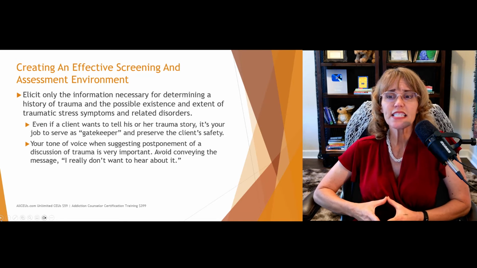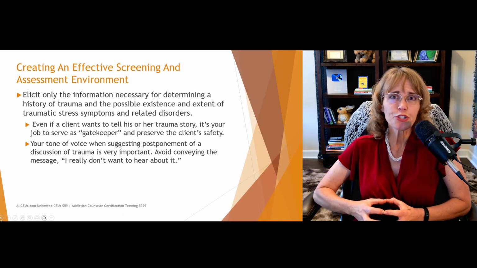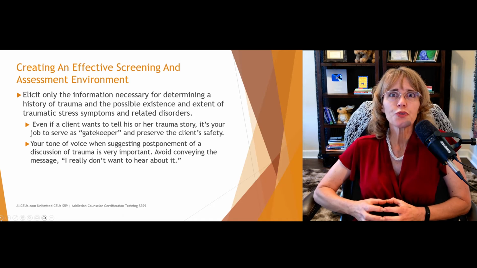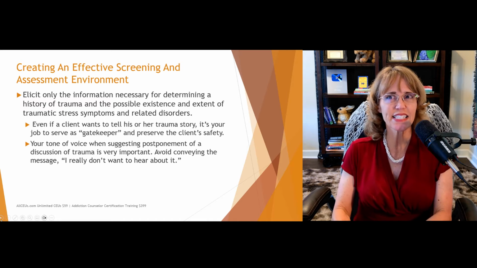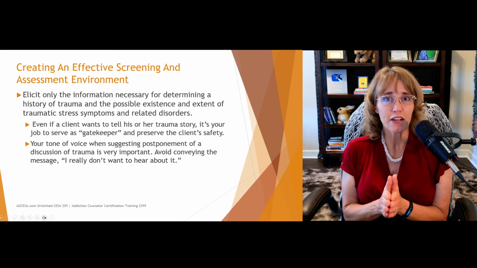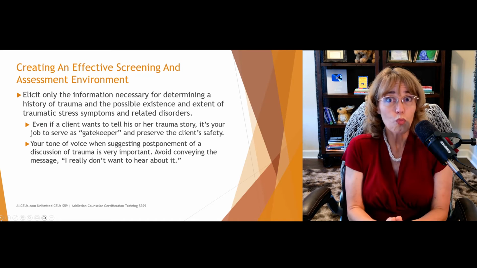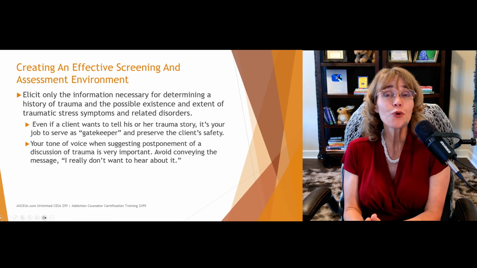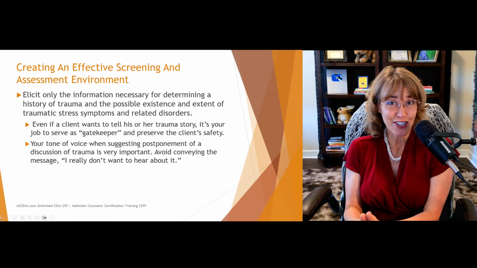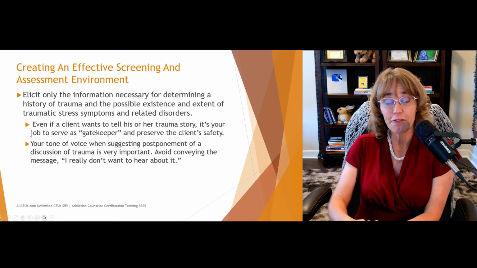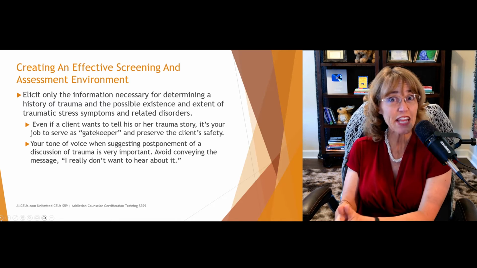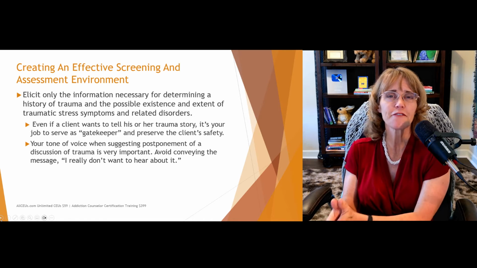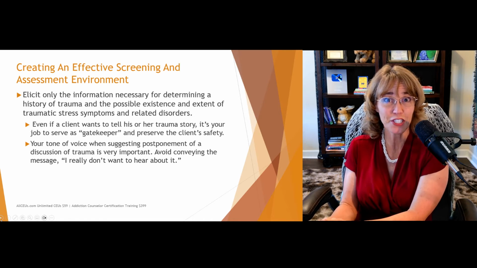Even if the client wants to tell their story, it's your job as a gatekeeper to slow things down to preserve the client's safety. I want to hear about what's happened to you. I want to help you work through it. However, I'm afraid that if we start going too deep into this right now, before we've developed some safety skills, that it might feel re-traumatizing, or it might feel even more unsafe to you.